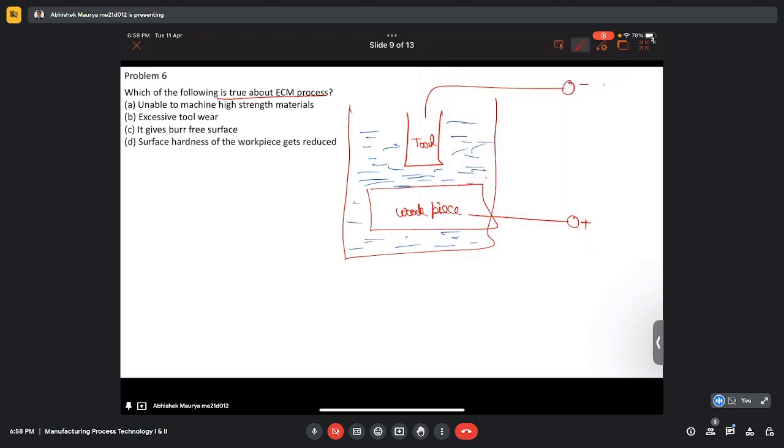Material removal takes place from the workpiece because we have applied a potential difference between the tool and workpiece, and because of this there is generation of an electric field.